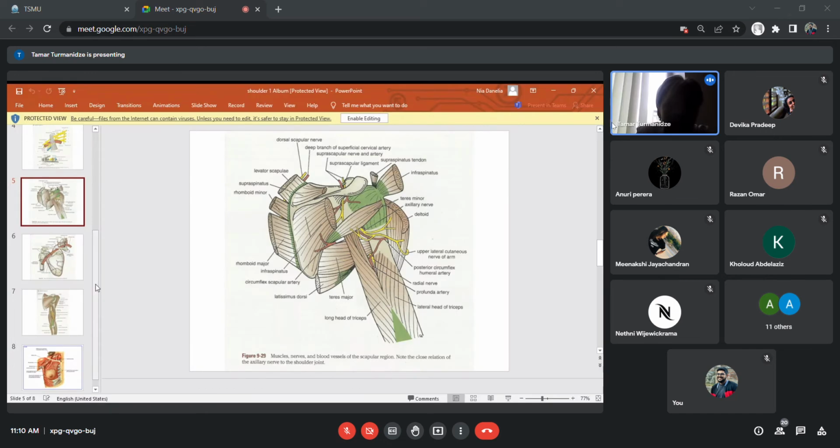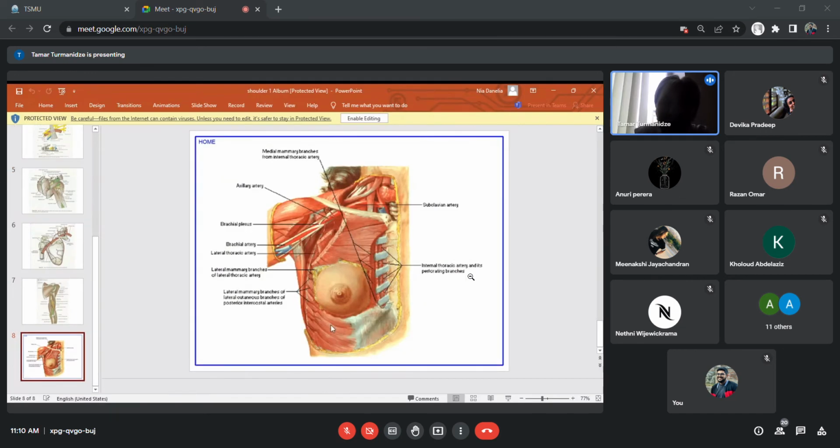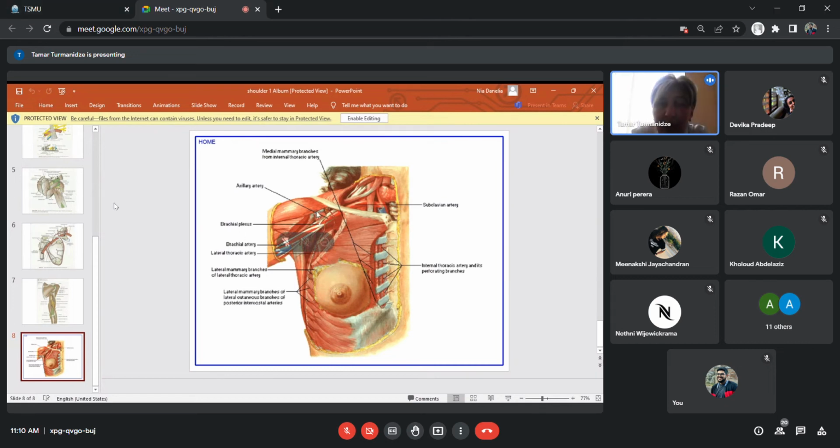As we have told, in these triangles the pectoralis minor muscle crosses the main vessels and the nerves, the brachial plexus branches. The artery is divided into three parts. Where is the first part located? In the clavipectoral triangle.